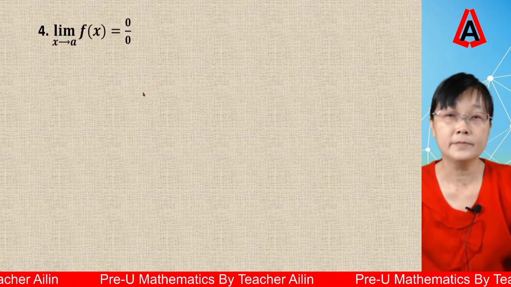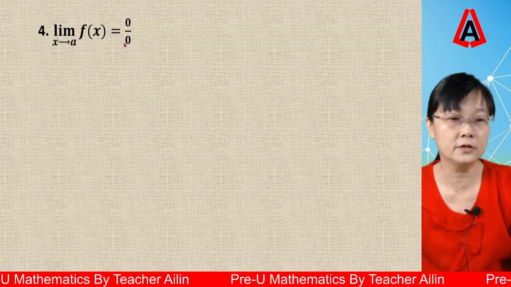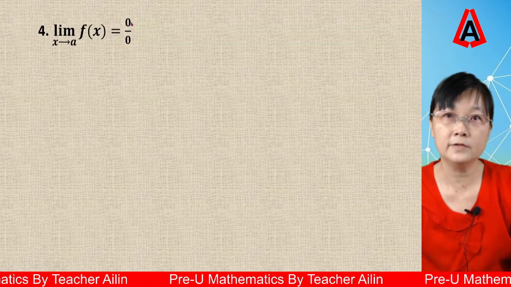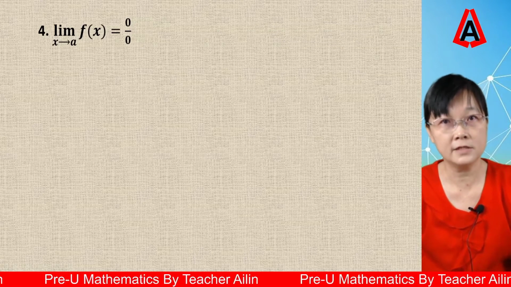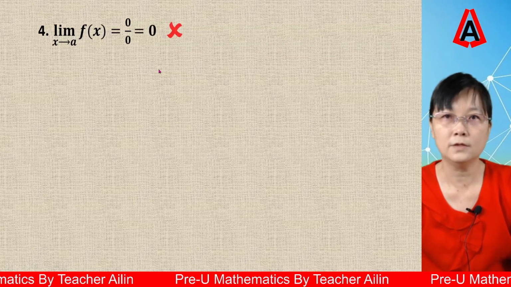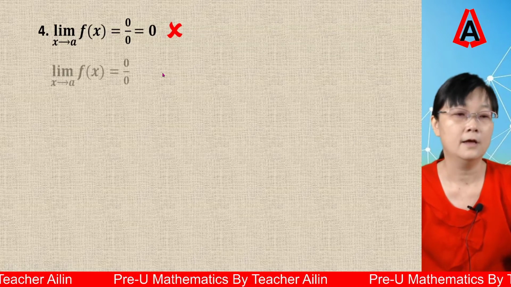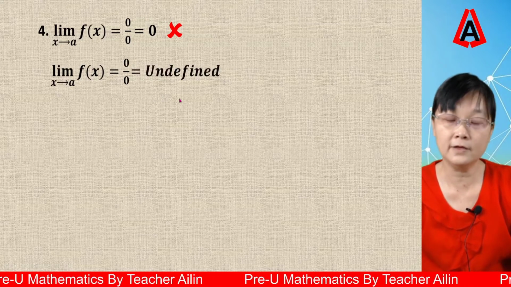But sometimes when finding the value of the limit of a function, we find that the value is 0 over 0. So what is the value of 0 over 0? Is that equal to 0? No, it is not the correct answer. And maybe some of you will say, is that equal to undefined?